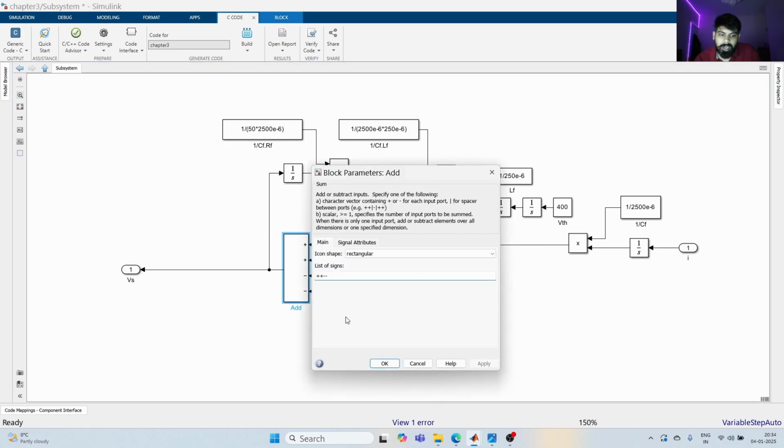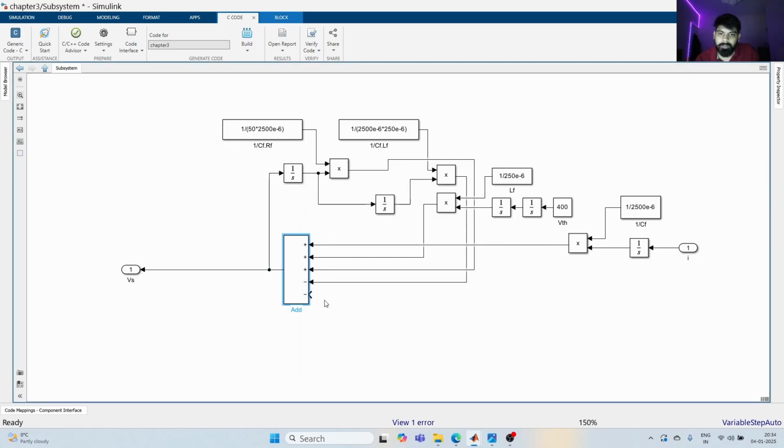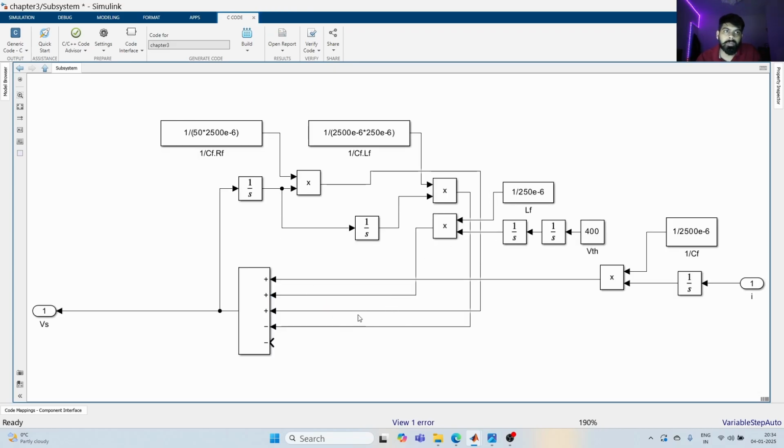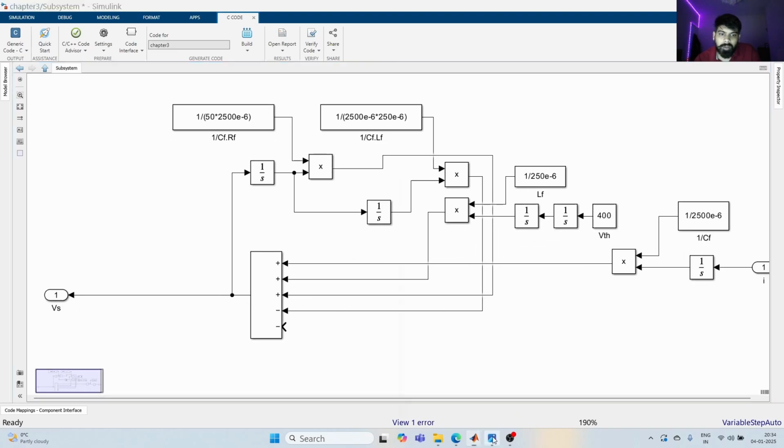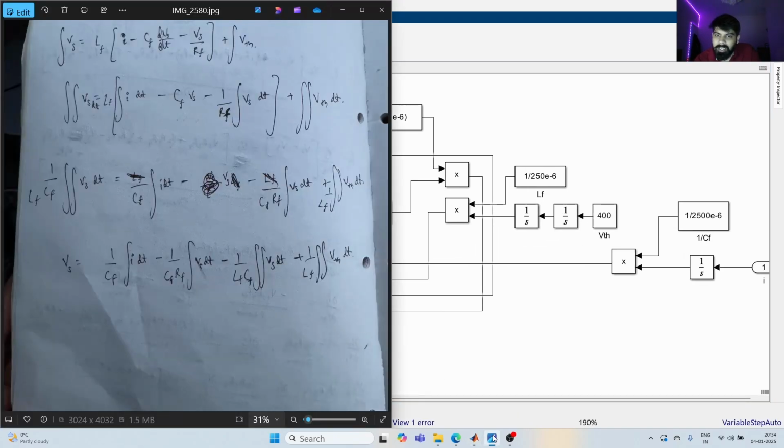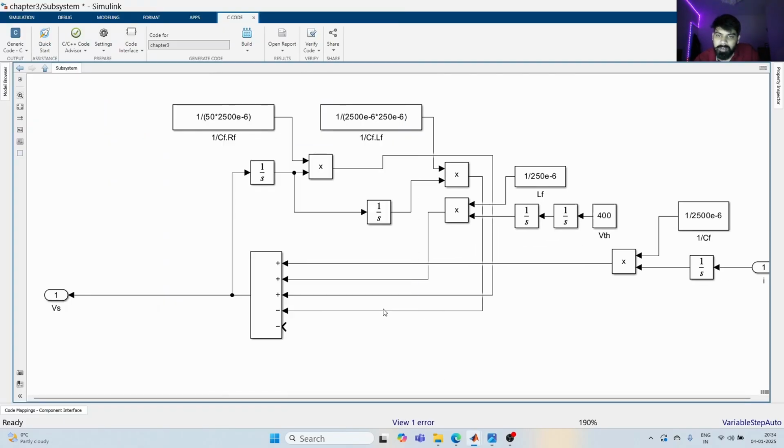Let's put another sign. Wait, so 1 by LFCF and 1 by CFRF. So this should also go in the positive, right?